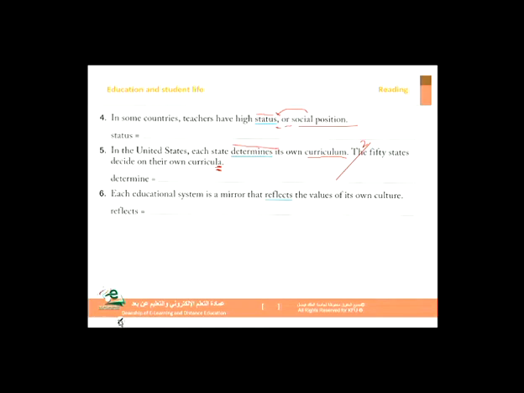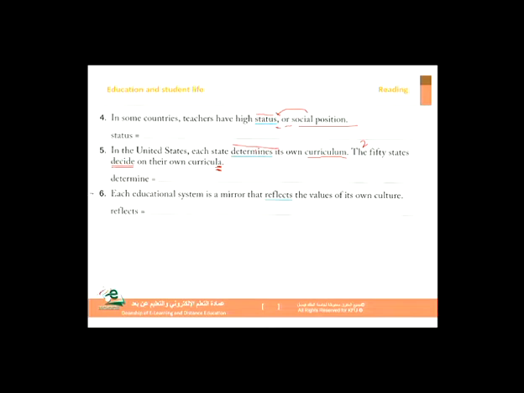The second sentence here restated what the first sentence stated. It restates, it said it again. So each state determines its own curricula. The 50 states decide on their own curricula. So this word here, decide or decide on, basically means determines. So to determine or to decide.